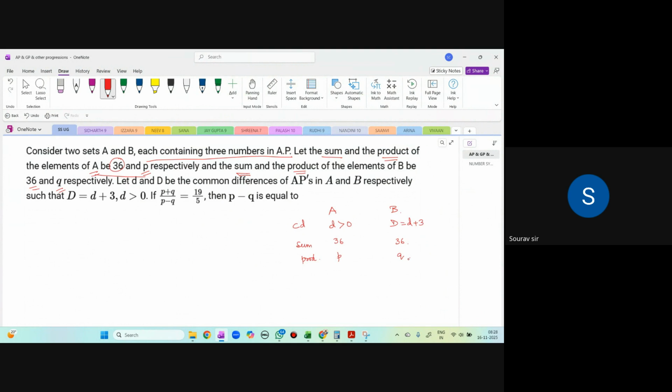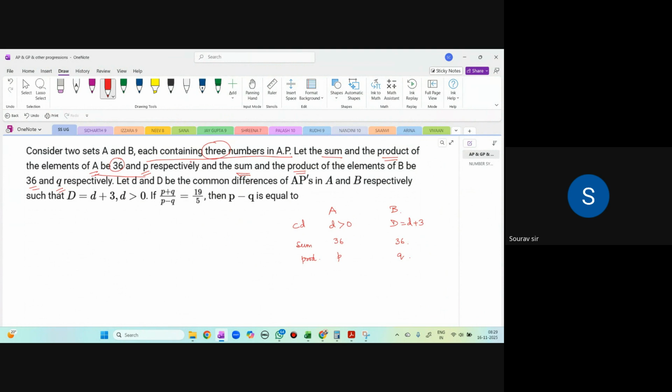So now, how would I take the two series so that I can calculate easily? How will I take the terms? Both series have 3 terms, which are in AP. So how will I take the 3 terms of the series? I can take it as A1, A1 plus d, A1 plus 2d. I can take it like that.